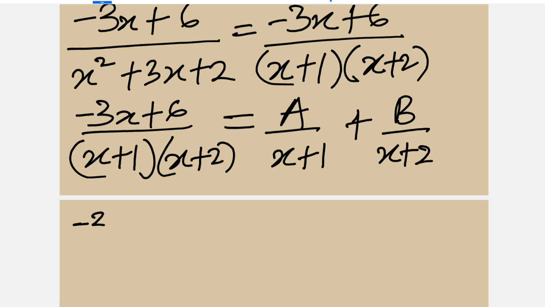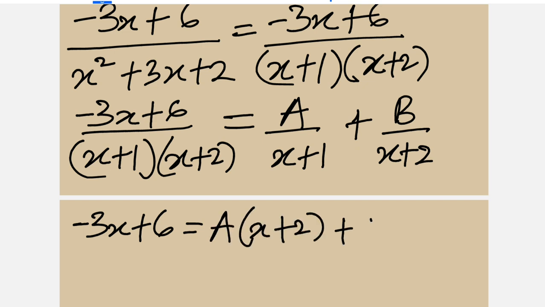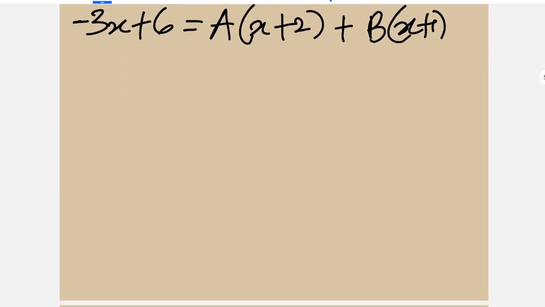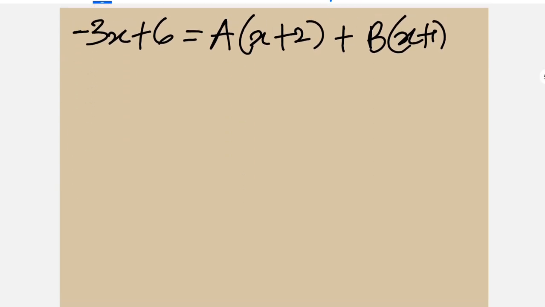We have minus 3x plus 6 is equal to a times (x + 2) plus b times (x + 1).